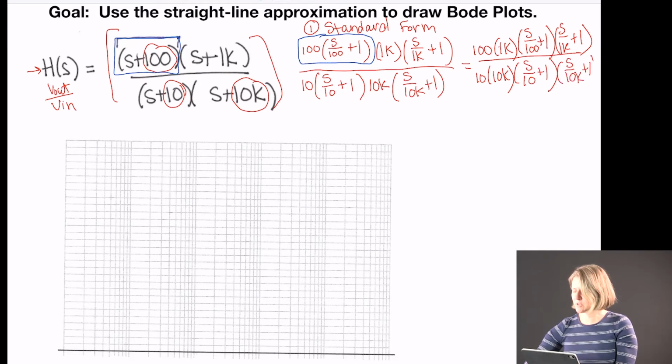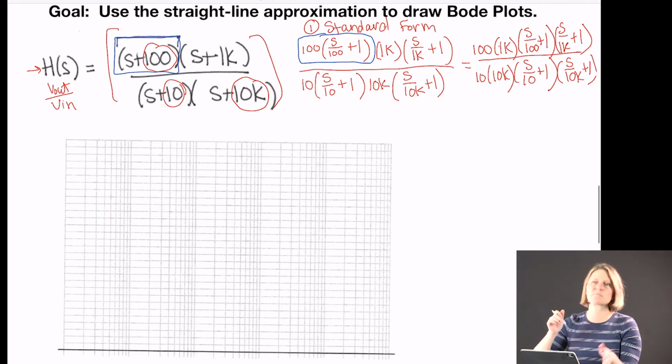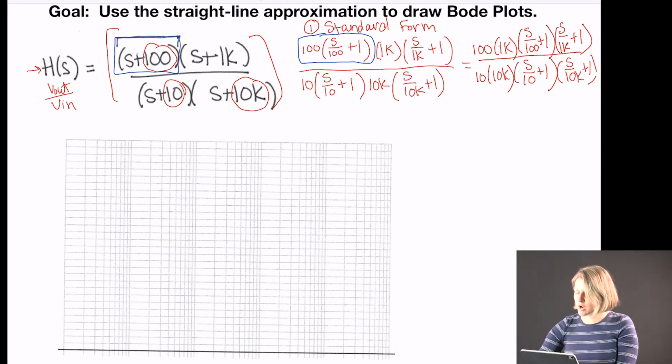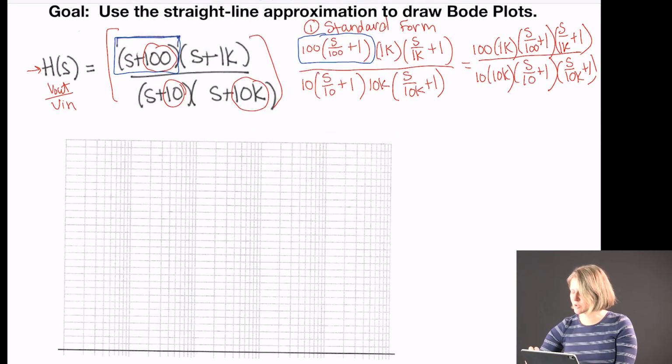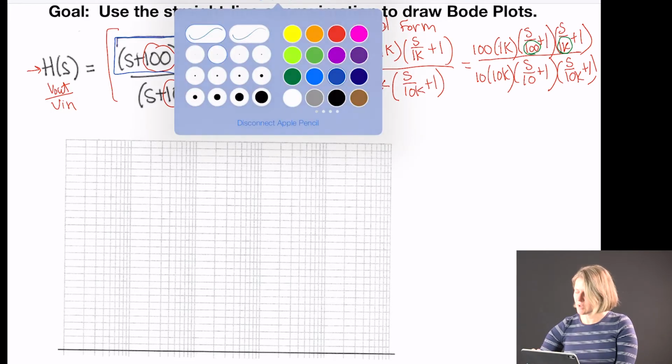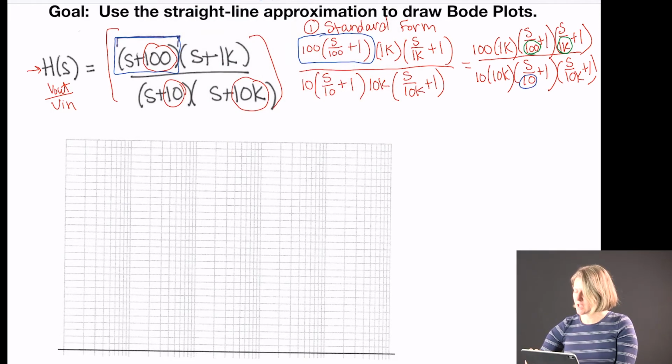The next step is I like to write them from the lowest value up to the highest value. Those are going to be my poles and zeros, the locations underneath the S. So the 100 and 1k are going to be zeros, and the 10 and 10k are going to be poles.